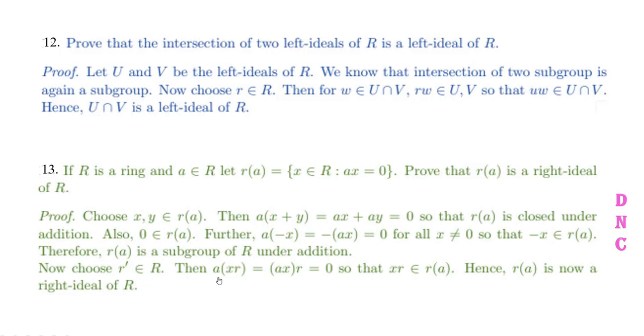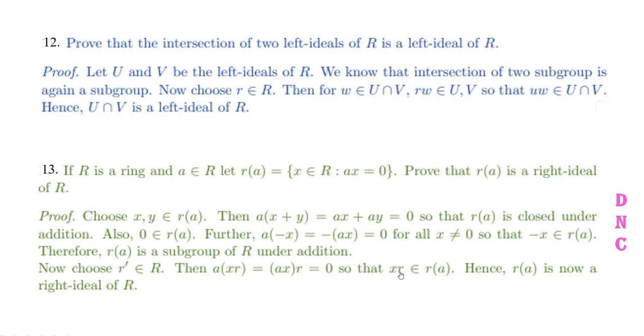Now we choose some r in capital R. You consider r in R, and then x in r of a, so that you can have xr; it is only a right ideal.